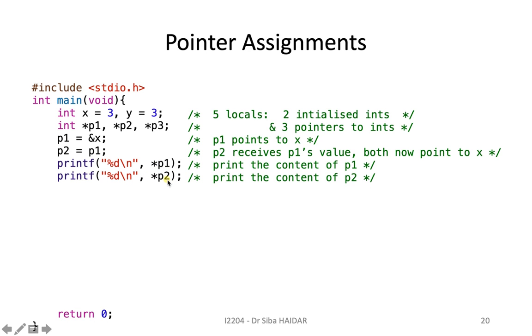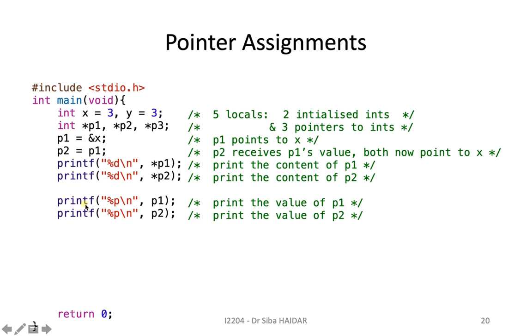To be more sure, because maybe p2 points to y and the value of y is also 3, you can print the value of the pointers themselves, and it is %p. If you print %p p1 and %p p2, this will print the value and not the content of p1 and p2.